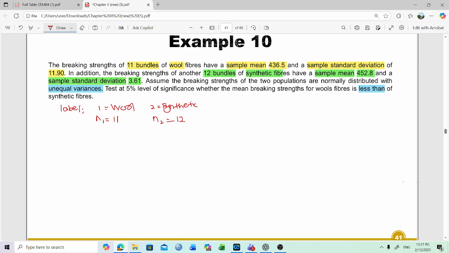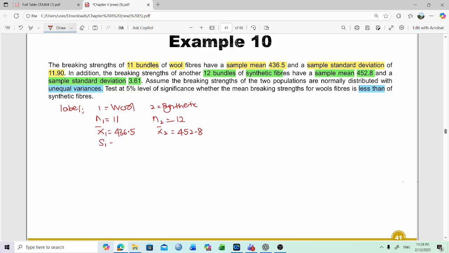And then sample mean, X bar for wool is 436.5, and sample mean for synthetic is 452.8. Given also here, sample standard deviation.